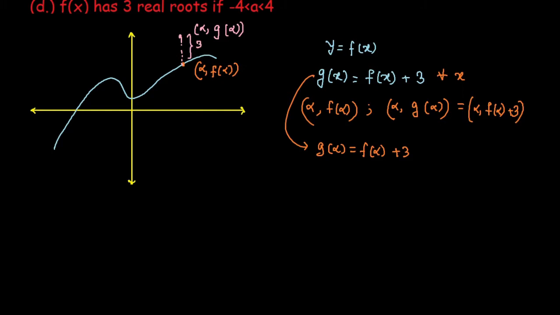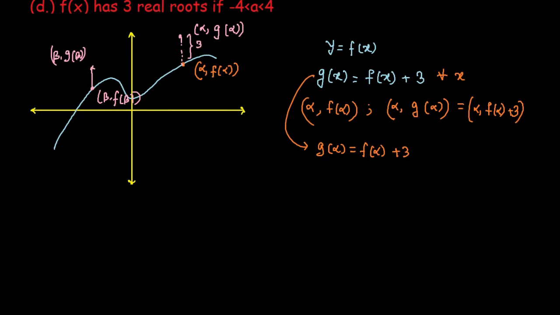And similarly we can say that if we take any point on this graph of y equals f of x, then if we go in the upward direction by 3 units, we will receive the point beta comma g of beta, given that this point over here was beta comma f of beta.